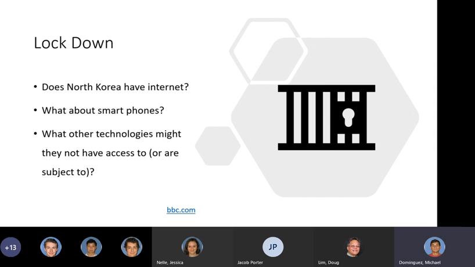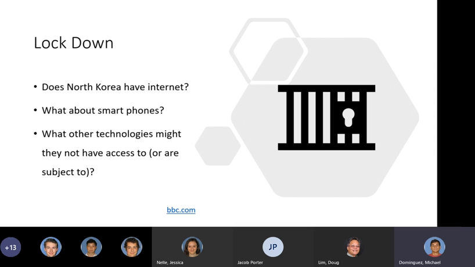Pigeons with USBs, I'm pretty sure that's exactly what it is. So they do have internet, but it is very, very limited. It's limited to just a handful of websites, and most of those are going to be full of propaganda, if not all of them.